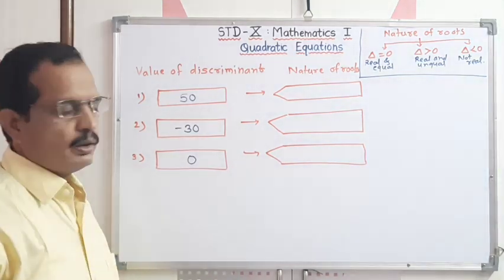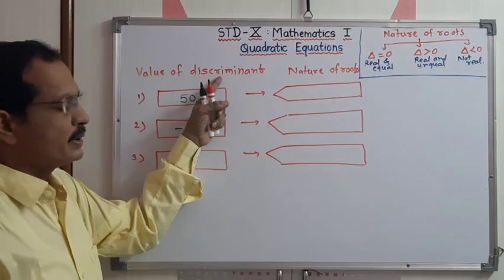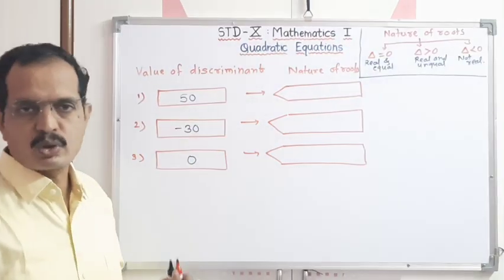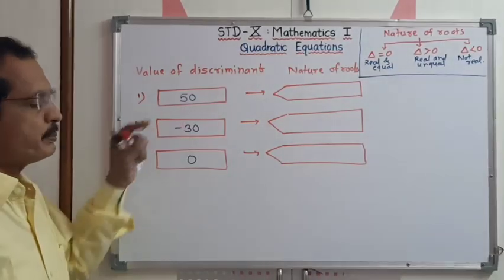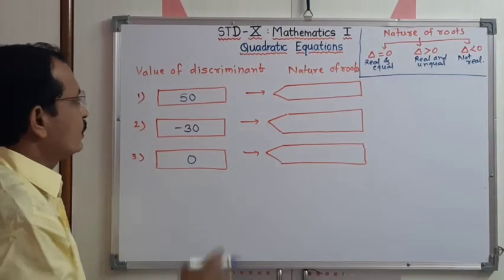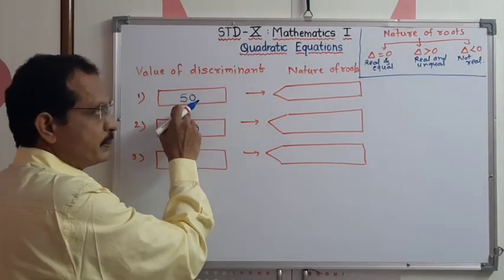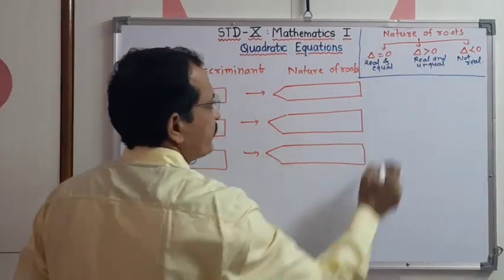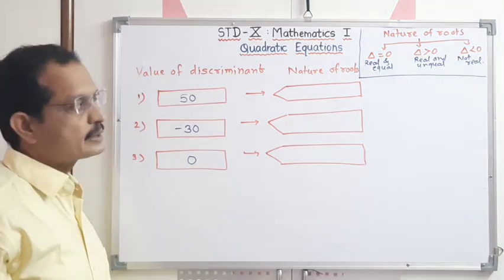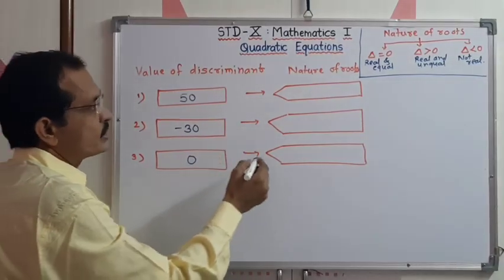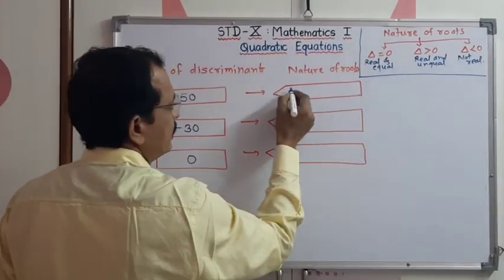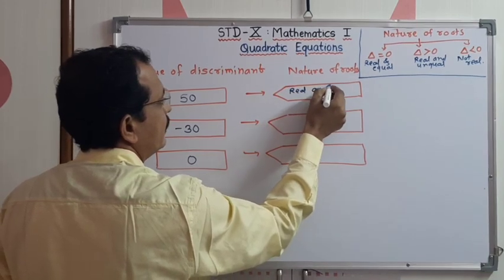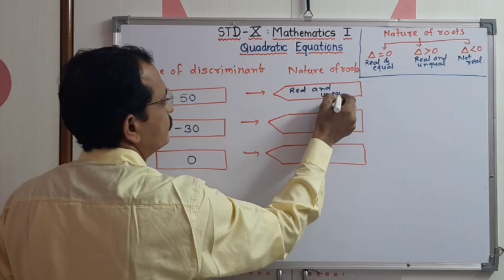Now the value of discriminant, that is the value of delta, or b square minus 4ac, is 50. All of you know that it is greater than 0, and when delta is greater than 0, the roots are real and unequal. Therefore we have to write here real and unequal.